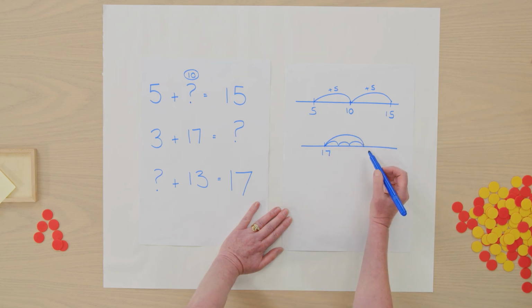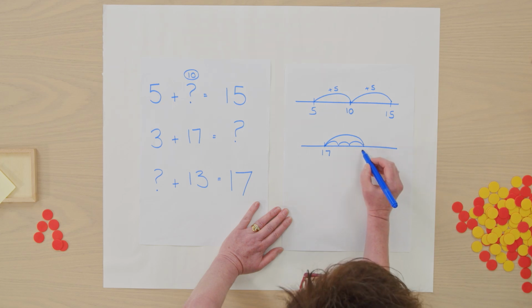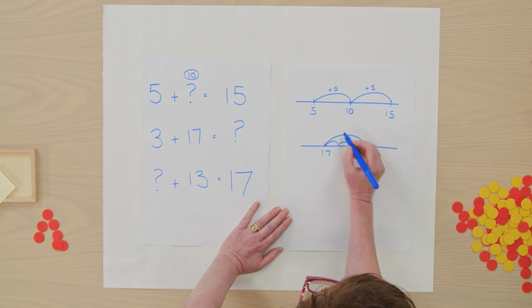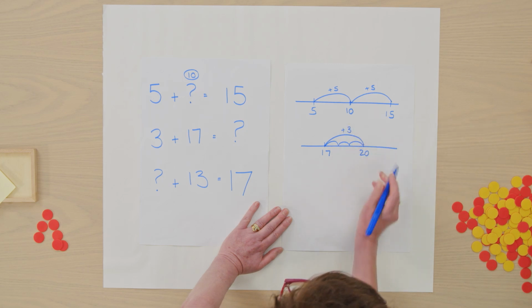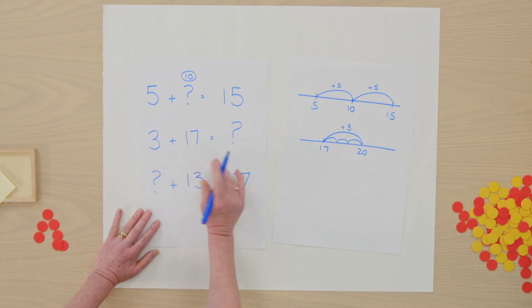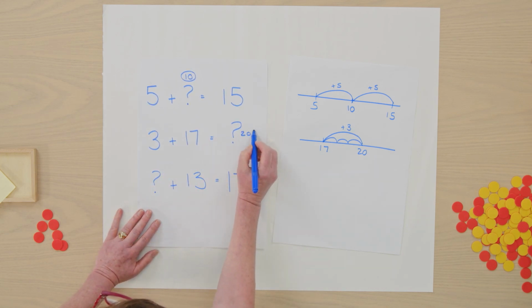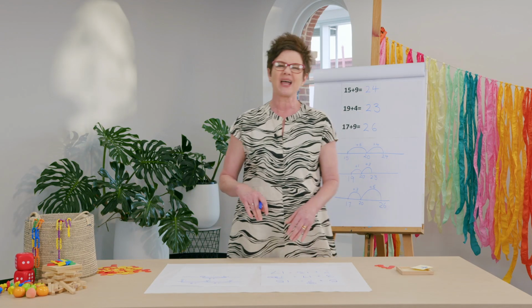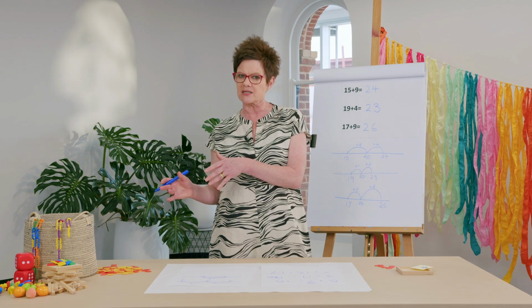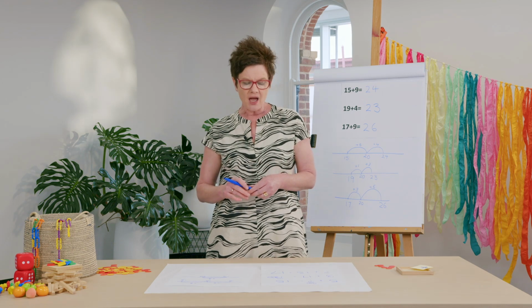Either way, I'm going to get to 20. 17, 18, 19, 20, a jump of 3. So you guessed it, 3 plus 17 is 20. You know the missing part. And we're very familiar with that, aren't we? The missing part is the answer in that number sentence.